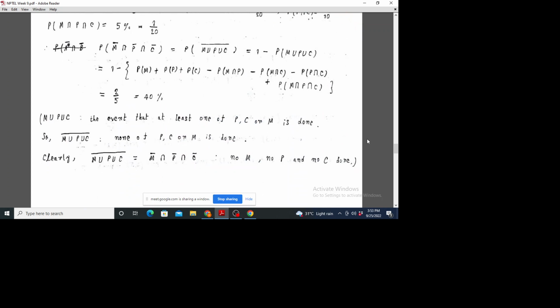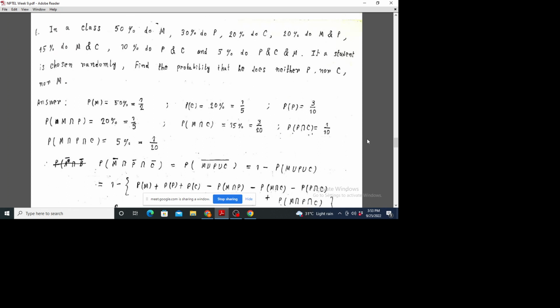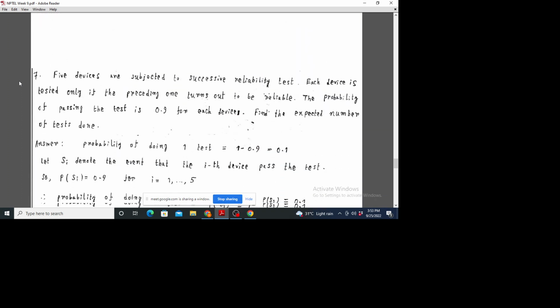Another thing is that here I have found a different probability than the one that is actually asked in the assignment. So please be careful. I have deliberately chosen to find the probability of a different scenario than the one asked in the assignment.